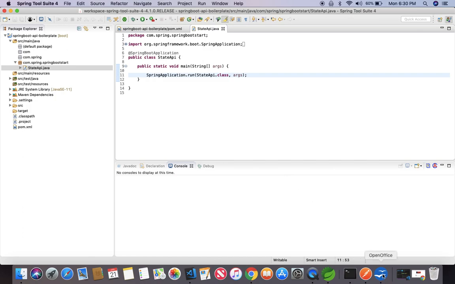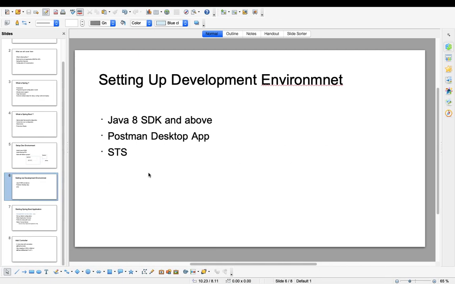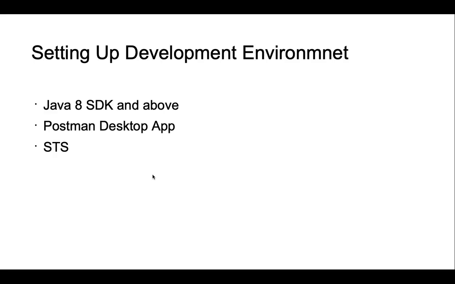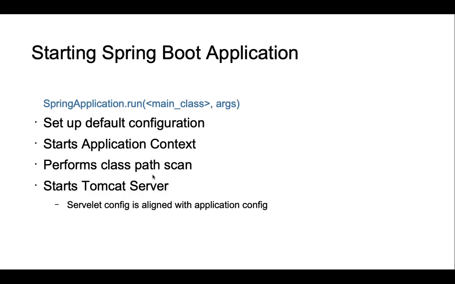It's pretty much done. So let's see what's going on behind the scenes. We're gonna use the SpringApplication.run method, and we give the main class.class as the first argument, and the second parameter is arguments, which we might see the use of in future.